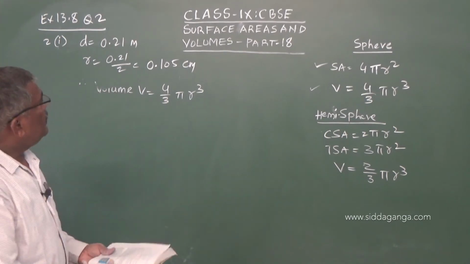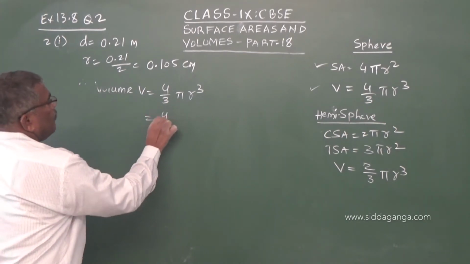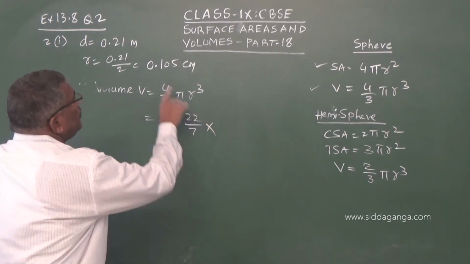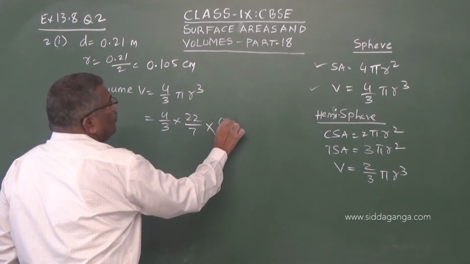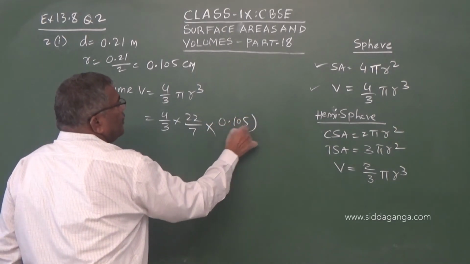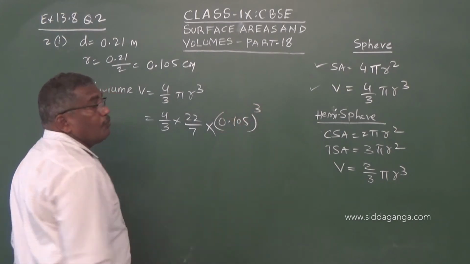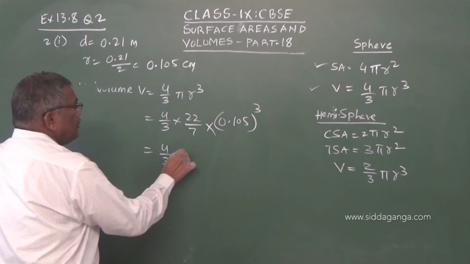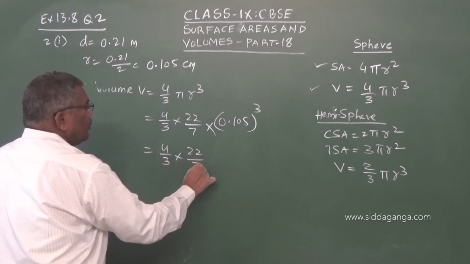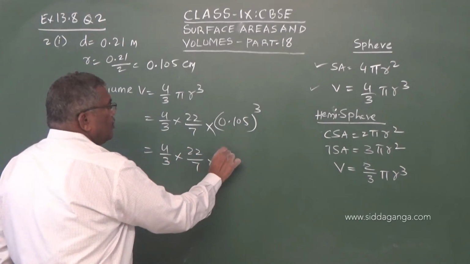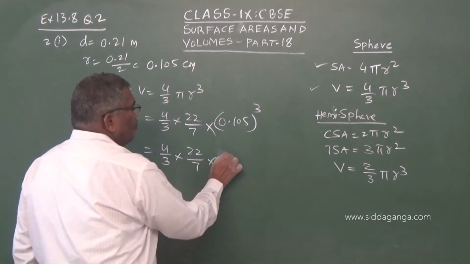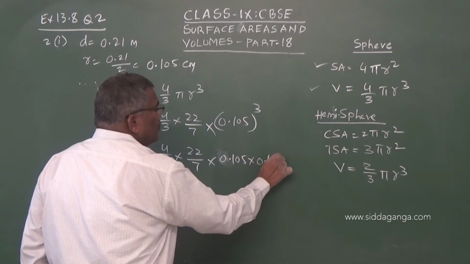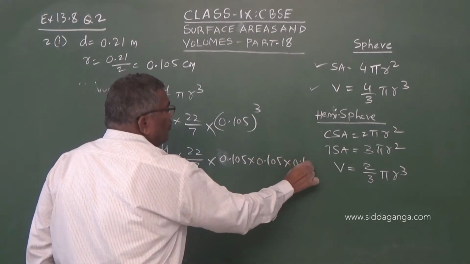Now, this becomes 4 by 3 into 22 by 7 into 0.105 whole cube. That means 3 times we have to take 4 by 3 into 22 by 7 into 0.105 into 0.105 into 0.105.